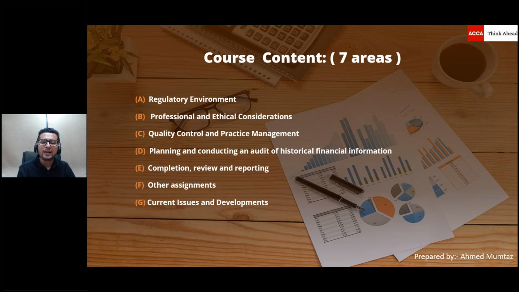Number 1, planning and conducting an audit of historical financial information, because we all know that we'll have question number 1 on that. And out of the 2 questions in section B, one will be completely focused on completion, review, and reporting.